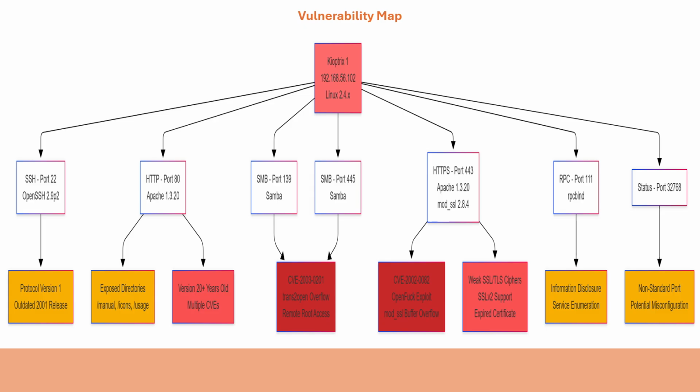Key exploits include the Apache mod_ssl buffer overflow with its CVE and the Samba trans2open with its CVE as well, enabling remote root access. Other risks include outdated SSH, exposed directories, weak SSL/TLS ciphers, and non-standard ports. The map helps prioritize the exploitation path by severity and success likelihood.